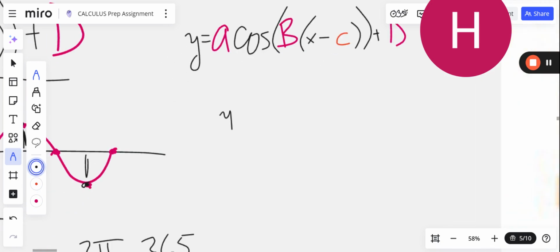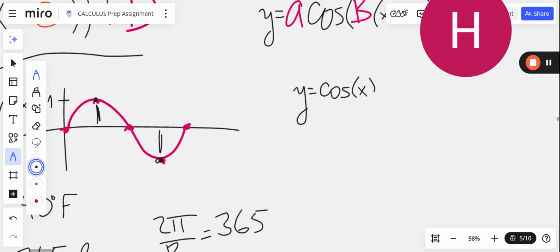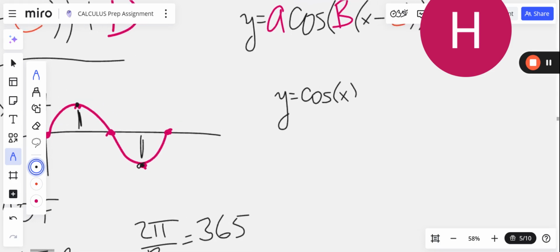And the parent function is the same exact shape as the sine curve with the same amplitude and everything like that. It just appears shifted. Rather than starting at the midline, which is where sine begins, cosine begins at the a value. In this case, the parent function has an a value of positive 1. And then we go midline, down, midline, up.